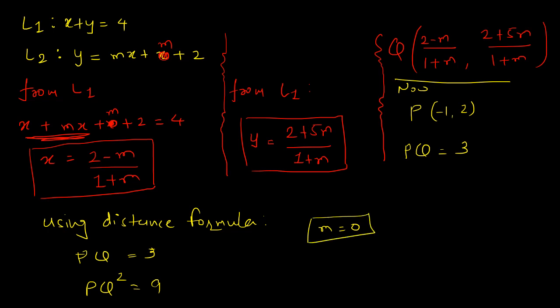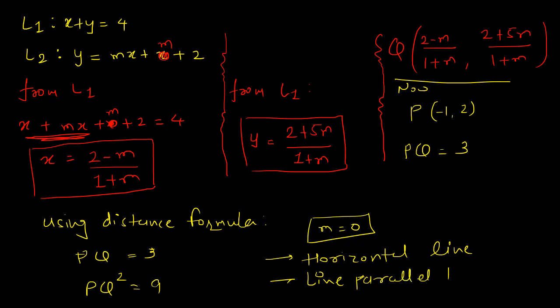So m equal to 0 means it is a horizontal line. It is a horizontal line means line parallel to x axis, because the slope is 0. Okay. Let's go to the next one.